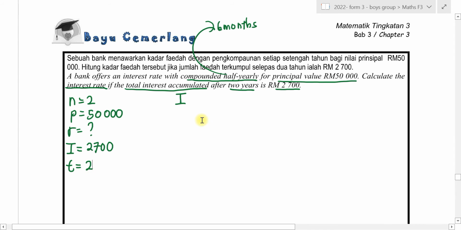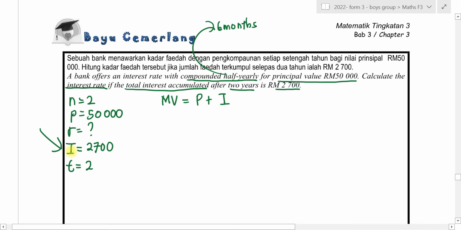Again, this question involves the interest accumulated, so we have no choice. We need to apply the previous formula. Your matured value MV is equal to principal plus interest.